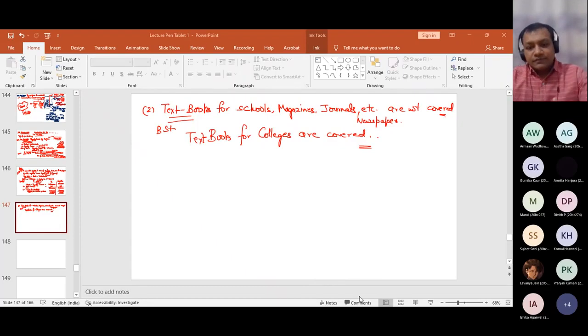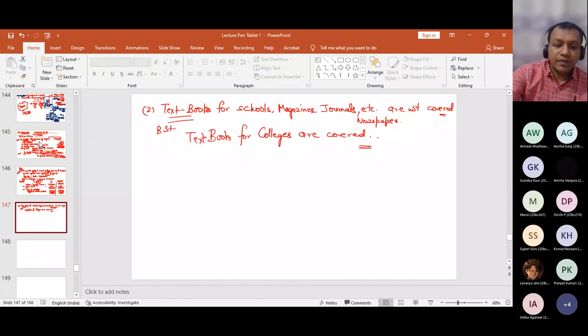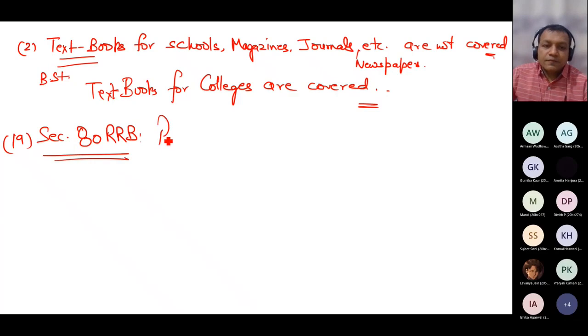Okay, next deduction: 80RRB. It is again royalty income, but on patents.